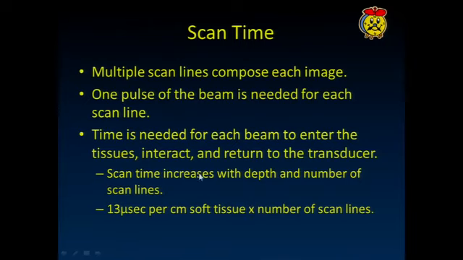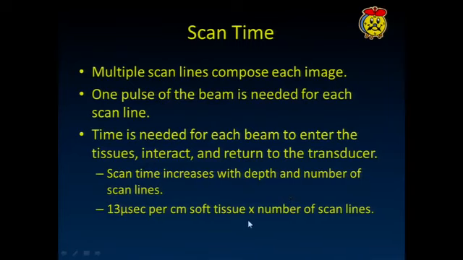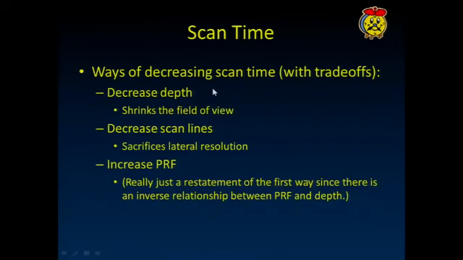The deeper that we want to look into an object, or the higher number of scan lines you want, the longer it's going to take you to get a single image. And remember, 13 microseconds per centimeter of soft tissue times the number of scan lines is the rough number that you'll end up with. And that's just by taking the sound, doing some of the calculations that we talked about before. You can break it down to that.